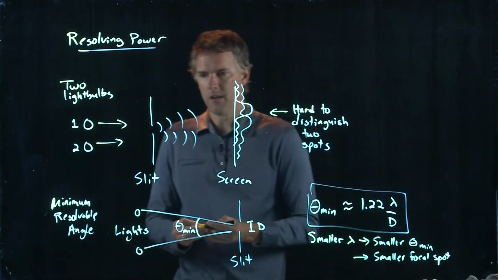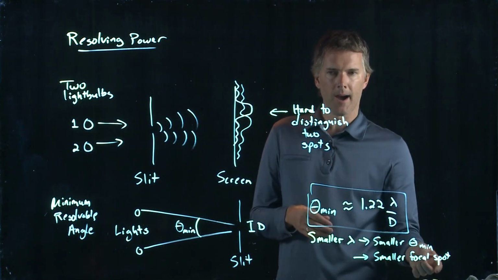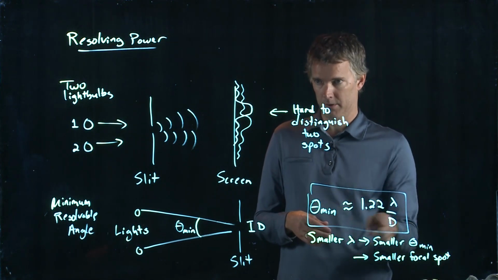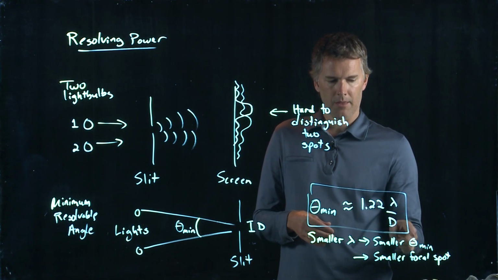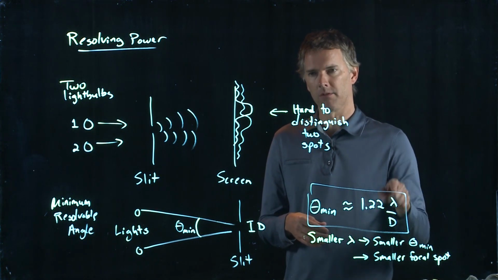It turns out that if you're trying to focus a laser beam down to a very small spot, you can do it, and the limitations are similar to this equation, and the smaller focal spot will arise from using a smaller wavelength.